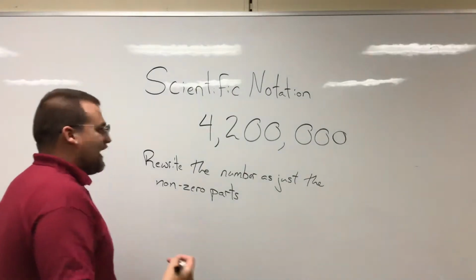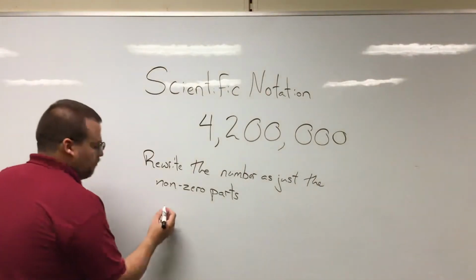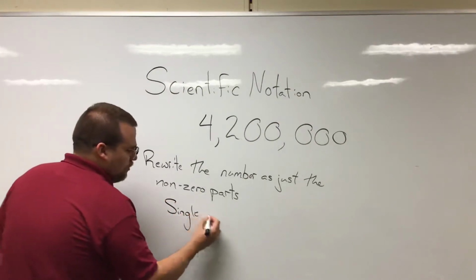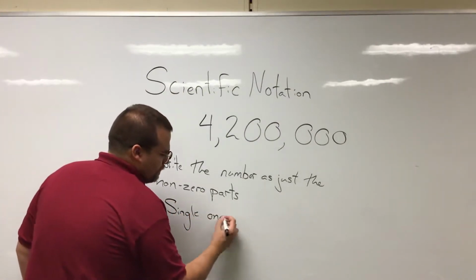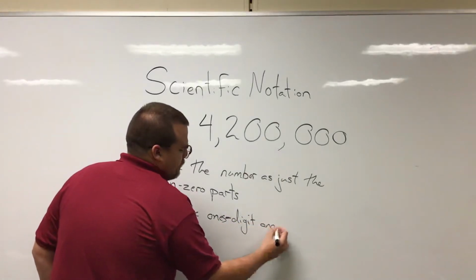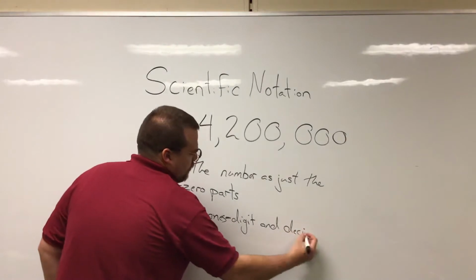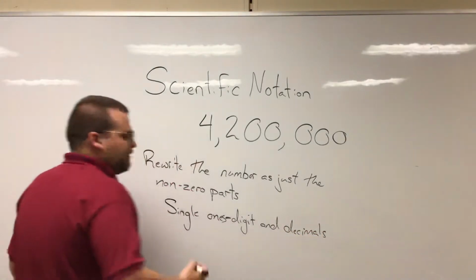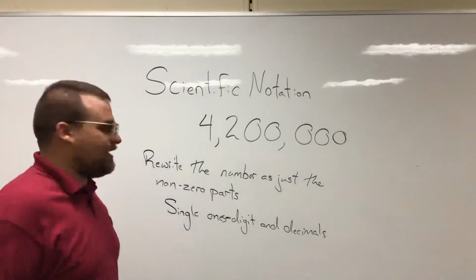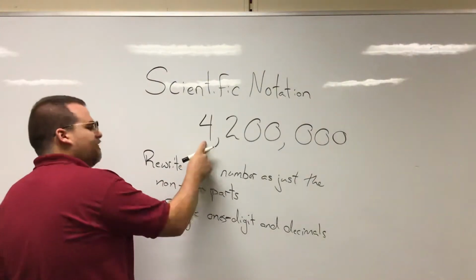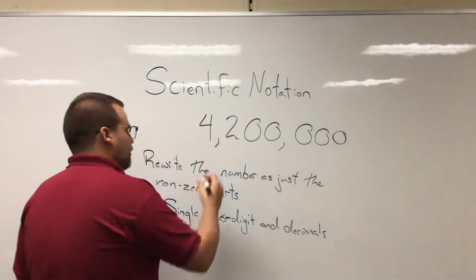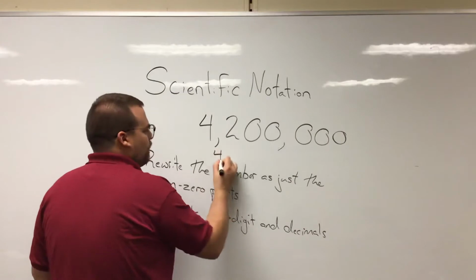Now, not only that, we want to write it where it is a single ones digit and decimals. So here's what I mean by that. Our goal to rewrite a large number like this is to take the very first number, and that's going to be our ones place. So in this case, 4.